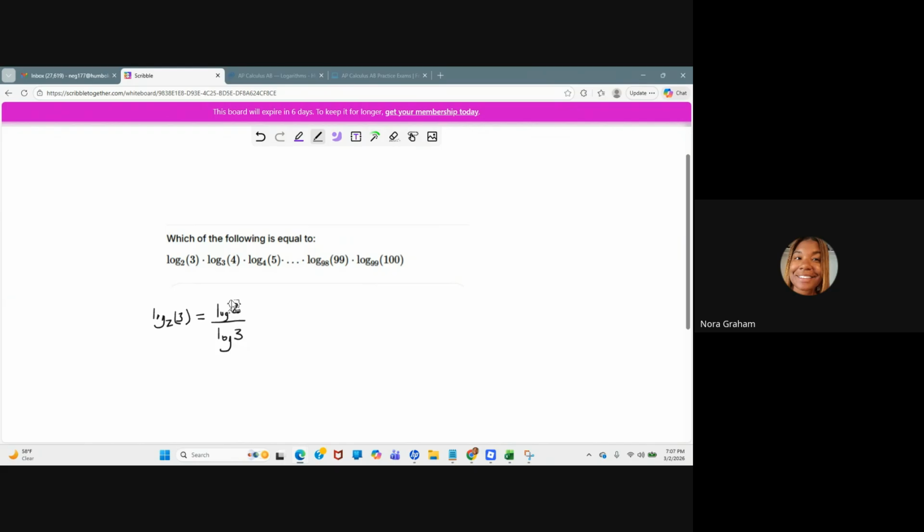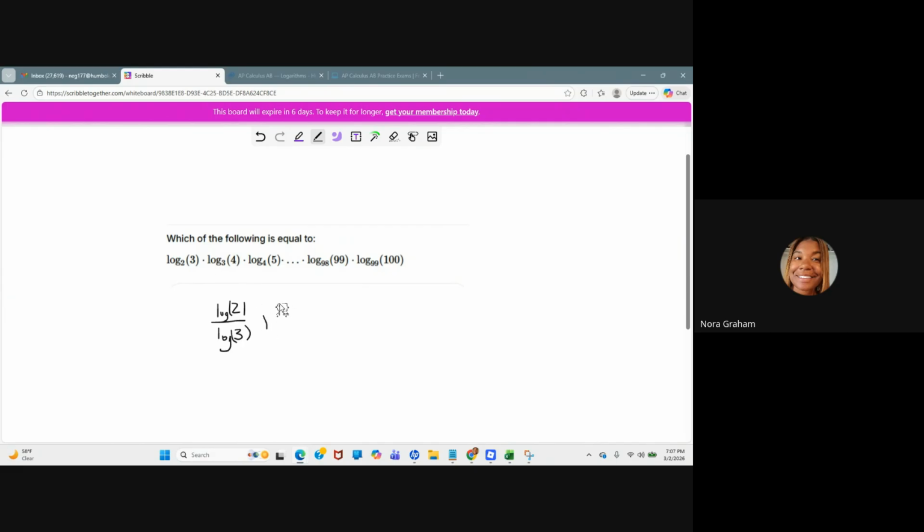Let me put my parentheses here. Now, if I write all these out like that, I can see if I can get a pattern, and that would be great. So let's write them all out.